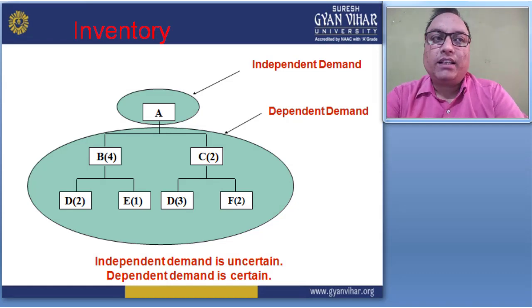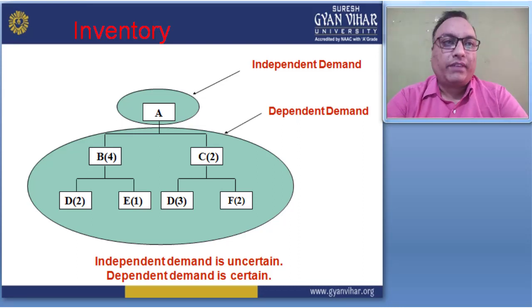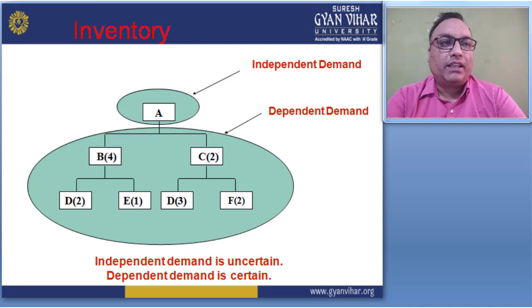First is independent demand, and second is dependent demand. Means which type of demand is not dependent on other factors, this is called the independent demand. But dependent demand will be affected by other factors also, and this is the dependent demand.